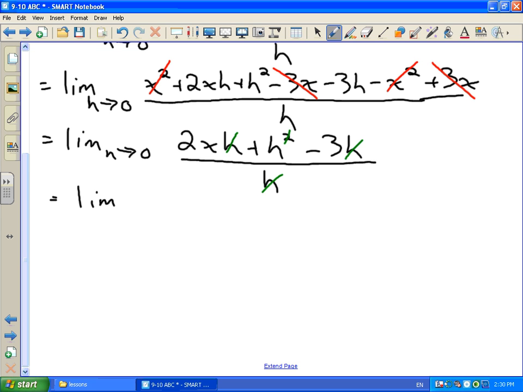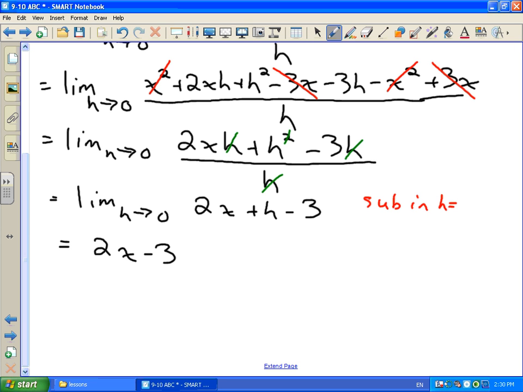So I'm going to have the limit as h goes to 0 of 2x plus h minus 3. I can sub in h equals 0 and evaluate my limit and get 2x minus 3. I'll just say over here that I subbed in h equals 0.